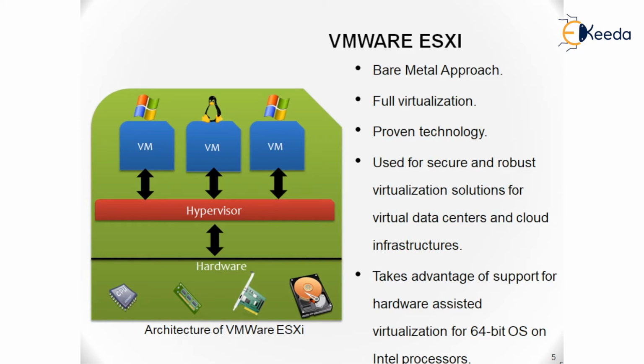Within any data center, basically they will go with such a bare metal approach, and from their role point of view, this hypervisor will perform full virtualization, and it provides good support to the different virtualization environments as well as different operations of data centers.